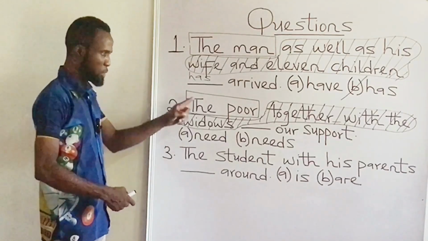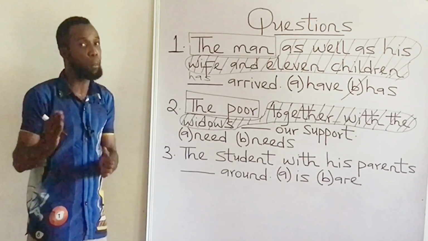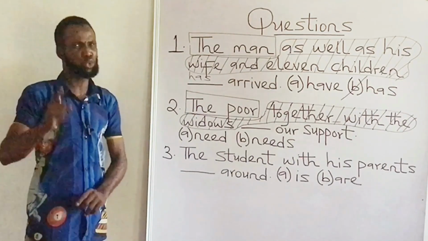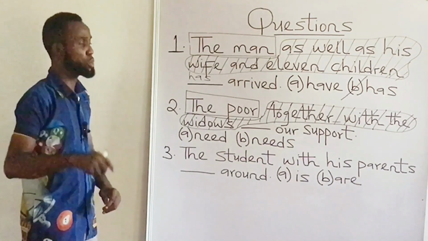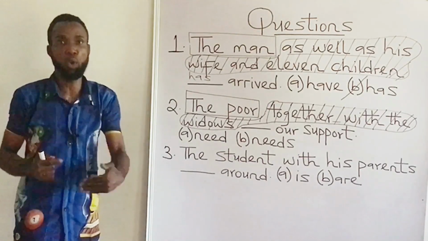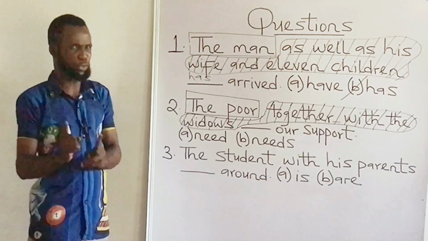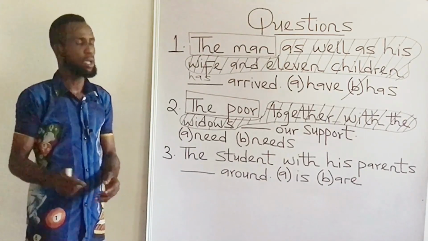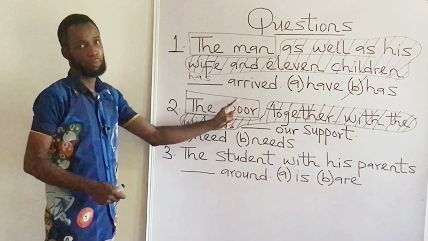The subject is the poor. If the subject were the poor boy, it would refer to one. It would be singular. Also, if the subject were the poor girl, the poor lady, the poor man, it would be singular. It would refer to one. But the subject here is the poor.